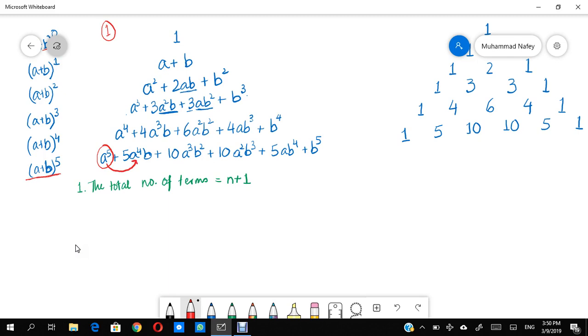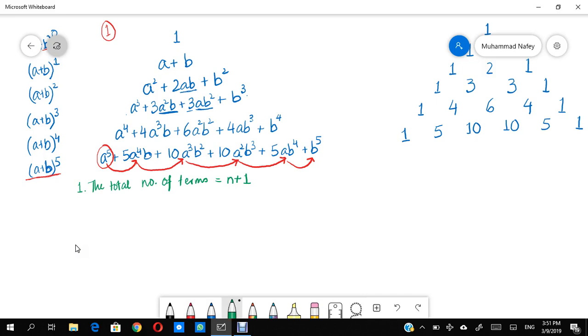In the term that follows, there is a further decrease in the power of a, followed by a further decrease, followed by a further decrease, and followed by a power of 0 in the last term. That means the powers of the first term in the binomial undergo a decrease as we proceed with the expansion. And what's the rate of decrease? One power at a time.